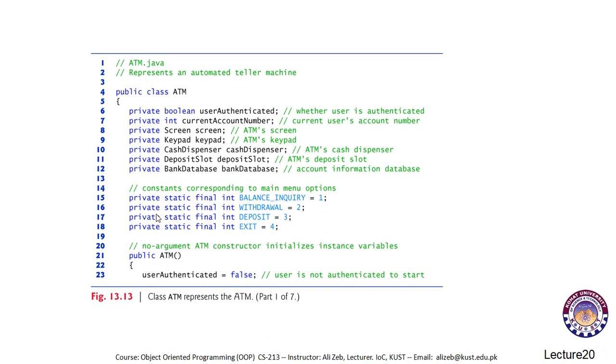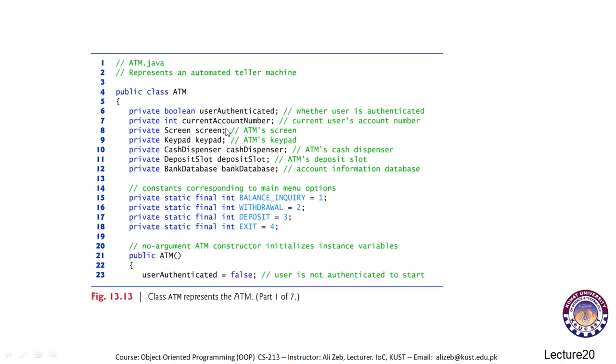So looking at our requirements document and our design, we can declare our class ATM. The ATM class will have a boolean variable for authentication of the user.